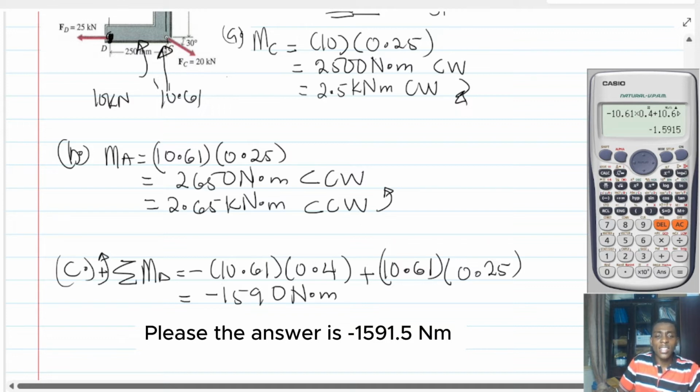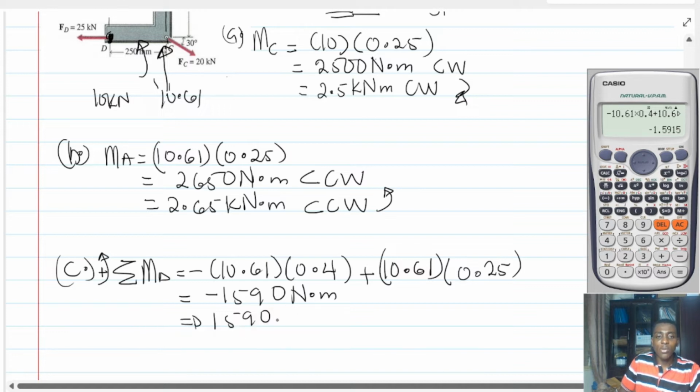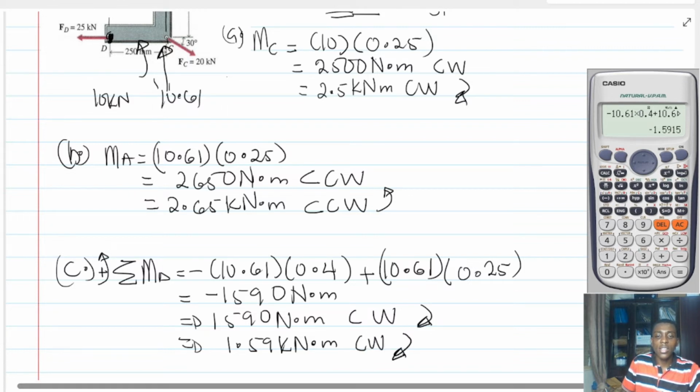Now the negative sign is telling us that our resultant moment is actually clockwise. That is what it means. It means that the resultant moment is what? Clockwise. Or we can either do this. In terms of kilonewtons, it is going to be 1.59 kilonewton meter. And then it's what? Clockwise, or I can do this the same. I hope it is clear.